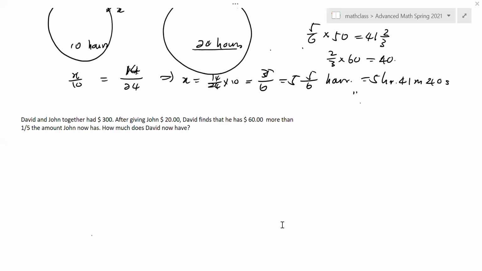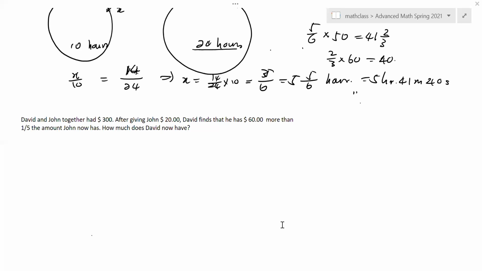So you name the variable for the unknown. We want to find out how much David now has. So you let X denote the money David now has. There are 3 steps, don't skip that.